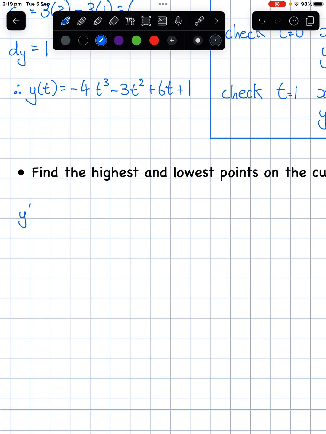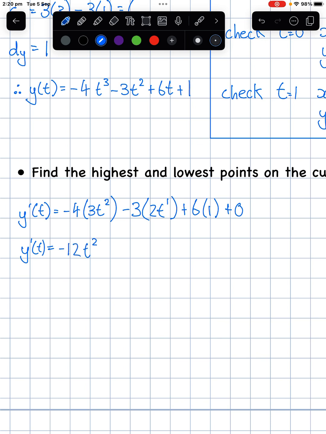So we get y dash of t equals -4 times 3t squared, and then our next one is -3 times 2t to the 1, and then our next one is plus 6, and the derivative of t is 1, plus 0. So this cleans up to be y dash of t equals -12t squared - 6t + 6.